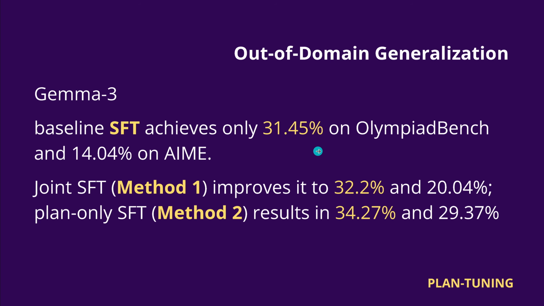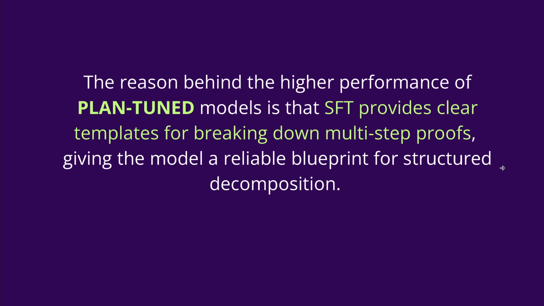Now, however, if you look at this and say, listen, what we did here: I have a vanilla supervised fine-tuning at 31.4, and what I achieve after all of this from Google is a max from 31.4 to 34.2. This is AI research. And then Google tells us the real reason behind the higher performance of the plan-tuned models is that this supervised fine-tuning provides a clear template, the reasoning plans.